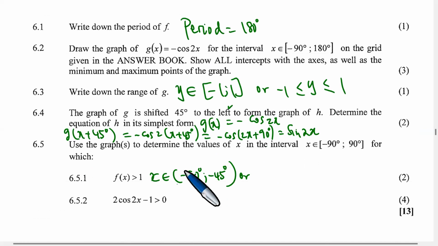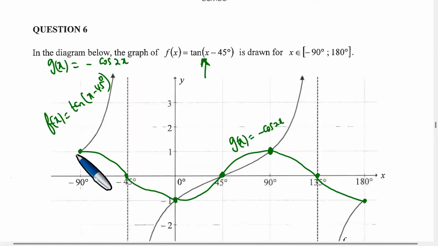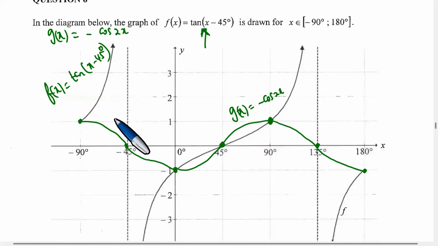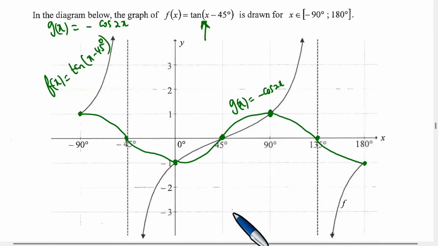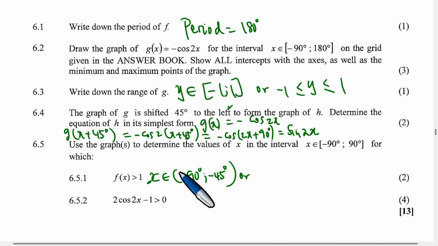So you can write like this: from -90 to -45, the f function, the tangent function, is going up, so it's above 1. But at -45, it's undefined, so we write an open bracket like this.